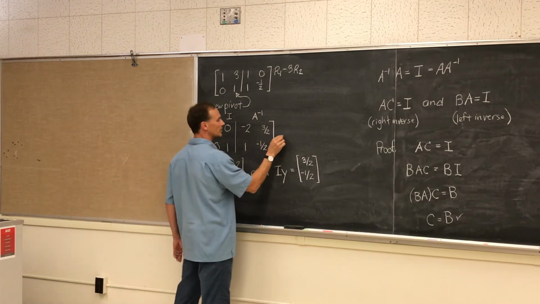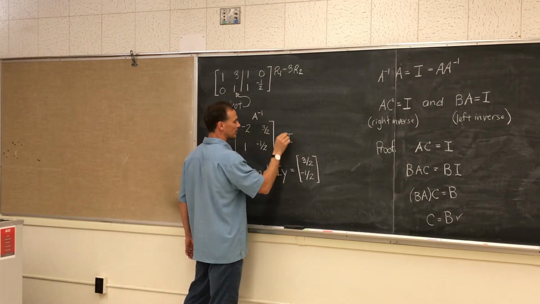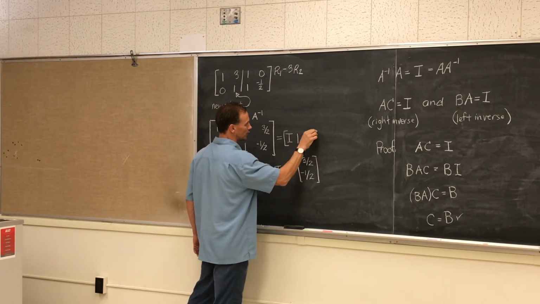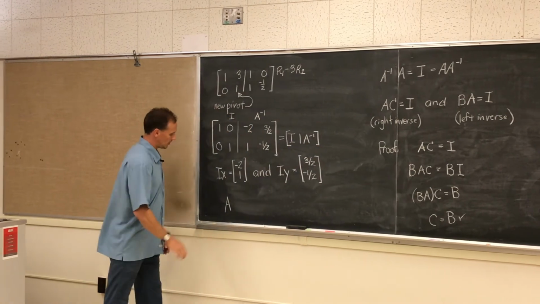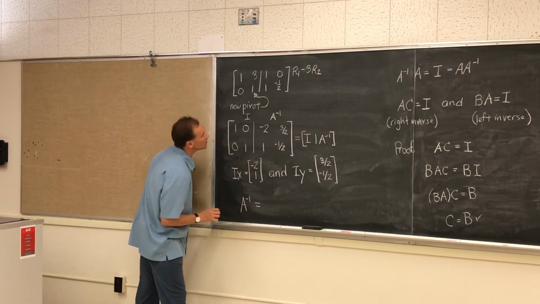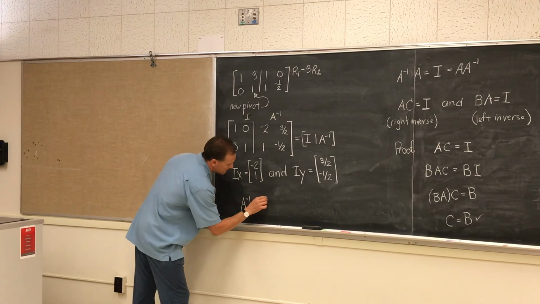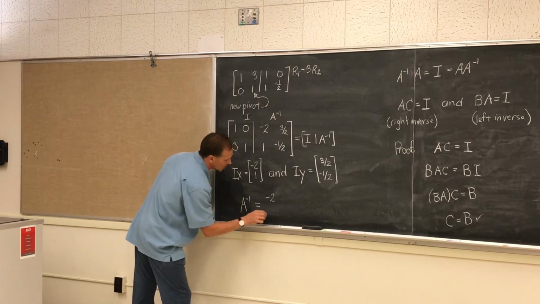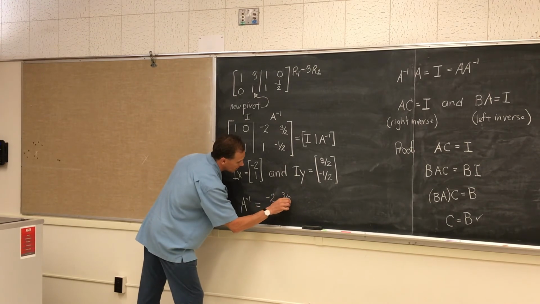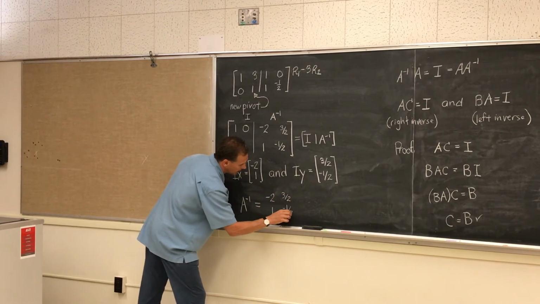That's what this equals. Okay, so A inverse, let's write it down, is equal to minus 2, 1, 3 halves, minus 1 half.